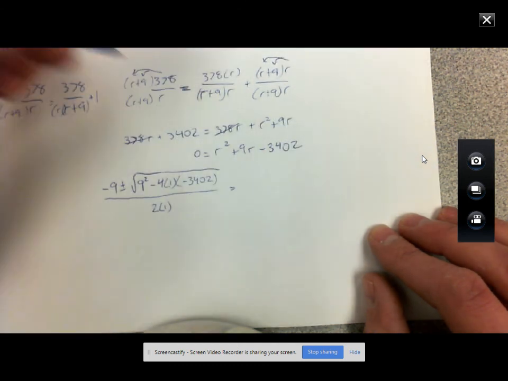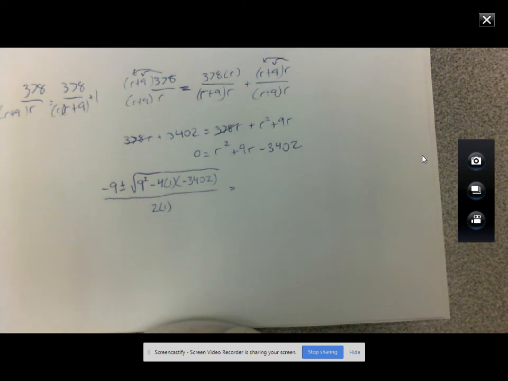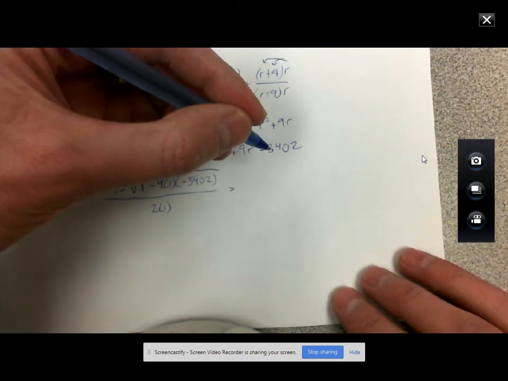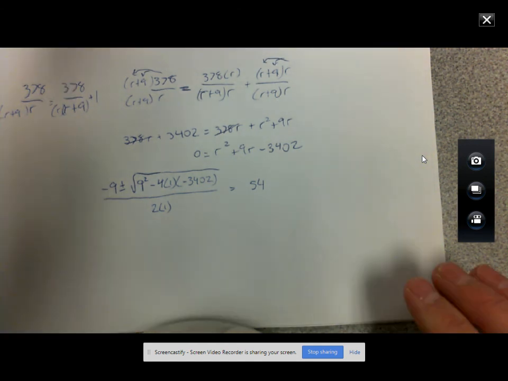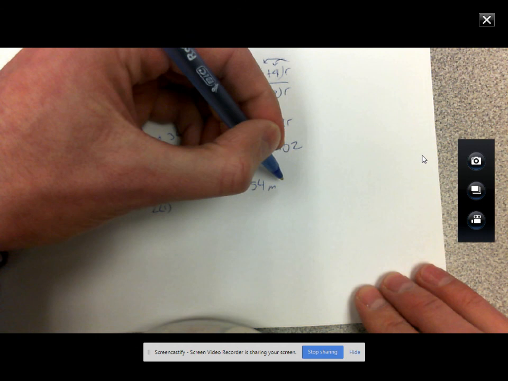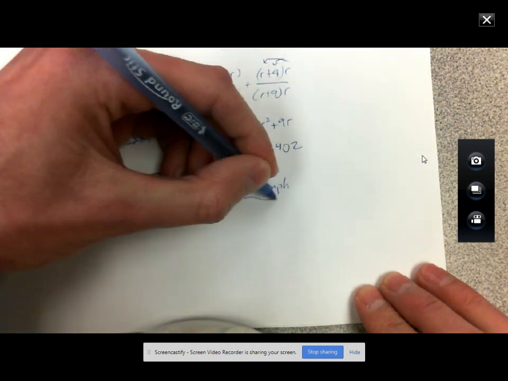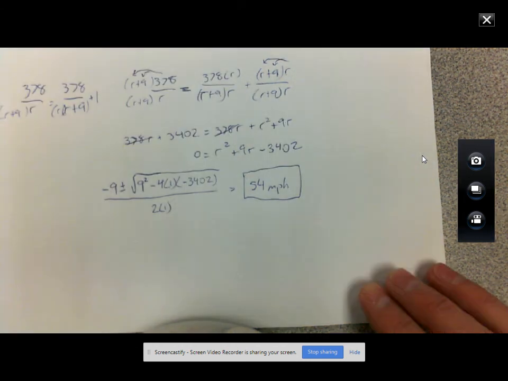And if I do that, I'm going to end up with 54, or let's see what the other one's going to be, negative 63. And since I know I can't go negative 63 miles per hour, I'm going to say that the answer is 54 miles per hour.